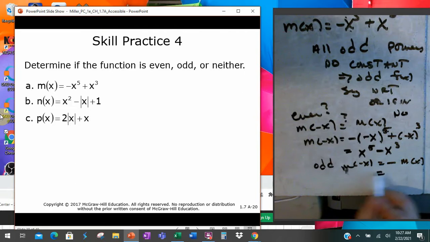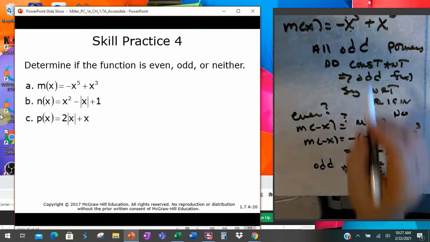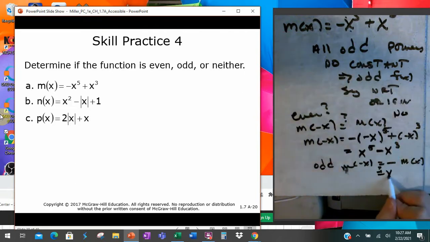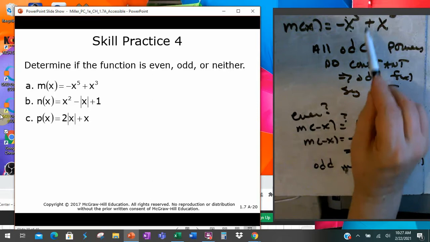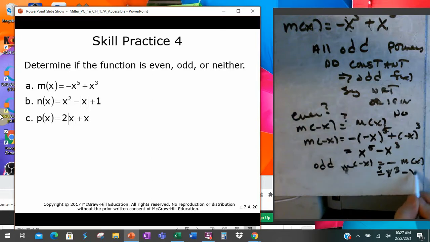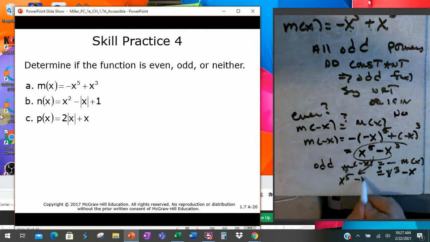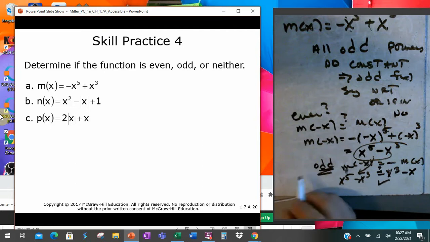And this side would be negative times negative, that would be the x cubed, plus x would now be a minus x. This would be the m of -x. Is that the same? Yes, so it's an odd function. Symmetry with respect to origin.